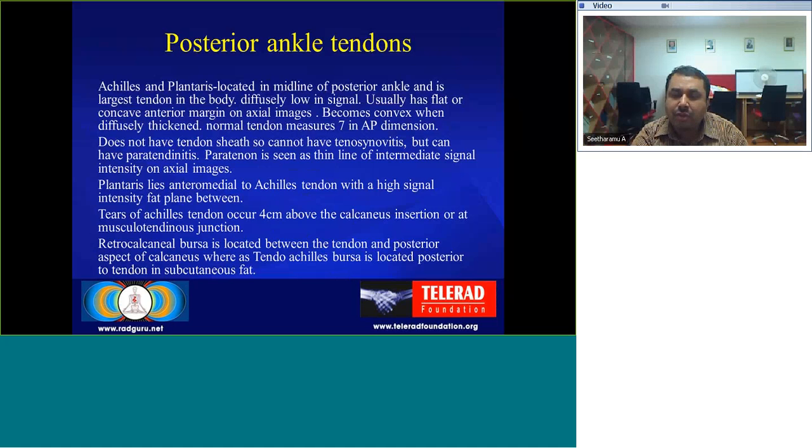The retrocalcaneal bursa is located between the tendon and the posterior aspect of the calcaneus, and the tendo-Achilles bursa is located posterior to the tendon, that is within the subcutaneous fat. These are the two bursae in relation to the tendo-Achilles.